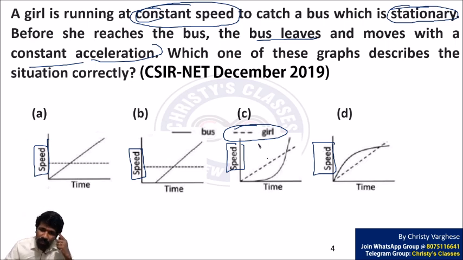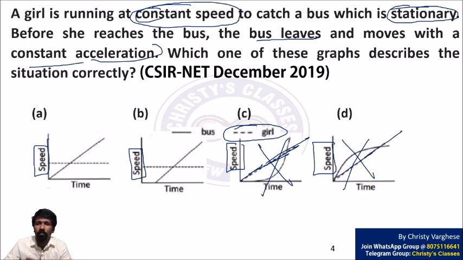In option C and option D, it is impossible, because here the speed is increasing with respect to time. Speed cannot be increasing for the girl. Speed is constant for the girl, that is what the question says. Constant means like option A and option B, where the girl's movement can be represented by a speed-time graph.